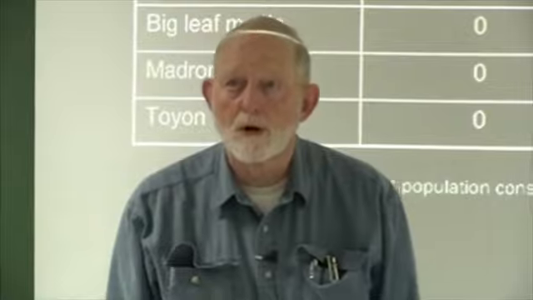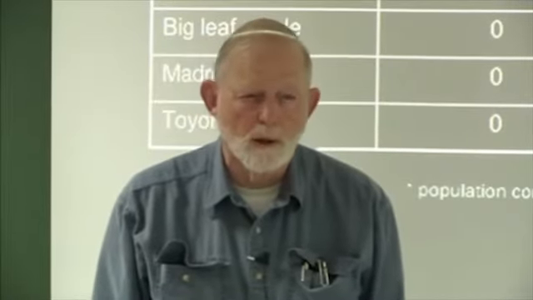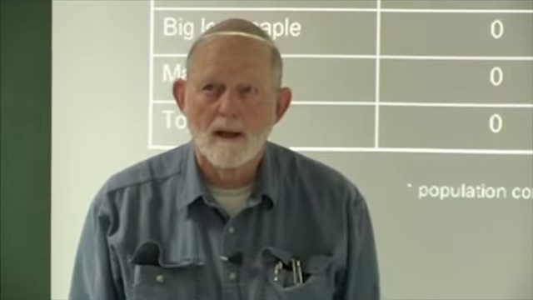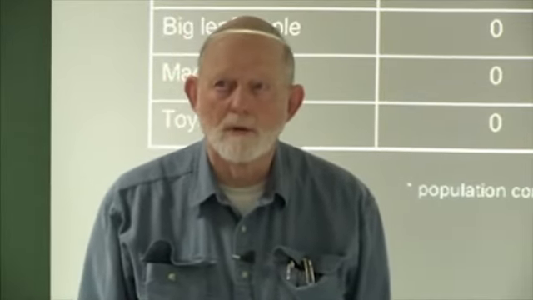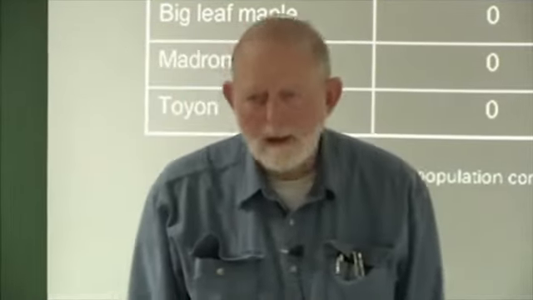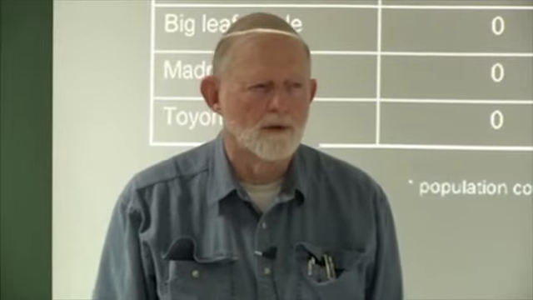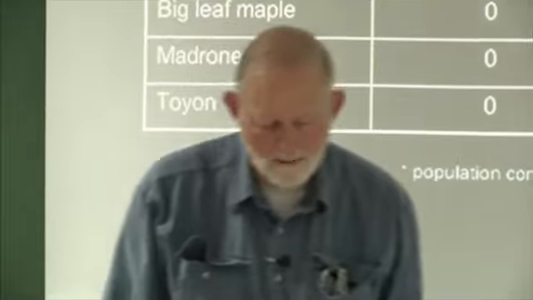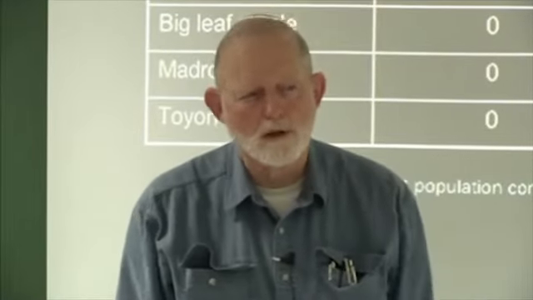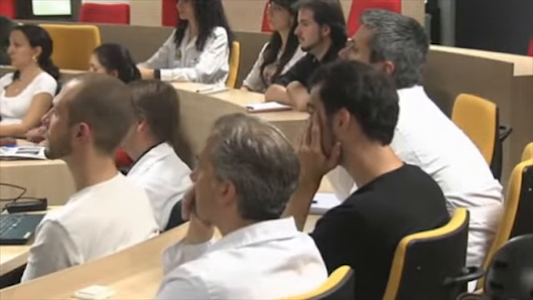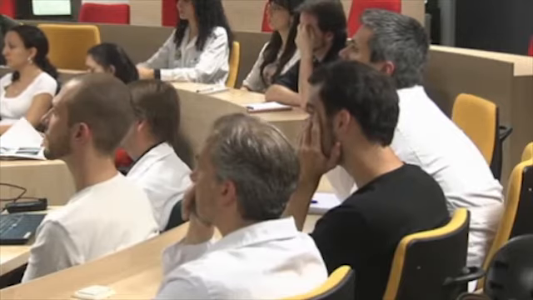If we go down the list to coast live oak, in the city of Berkeley, it constitutes about 5% of the tree population and about 3% of the canopy cover, whereas in the natural woodlands prior to the development of the city, it represented about 80% of the tree population in terms of numbers of trees and about 70% of the canopy cover. So humans have the potential and have demonstrated that potential time and time again in our cities to affect the urban forest, the canopy cover within the city.